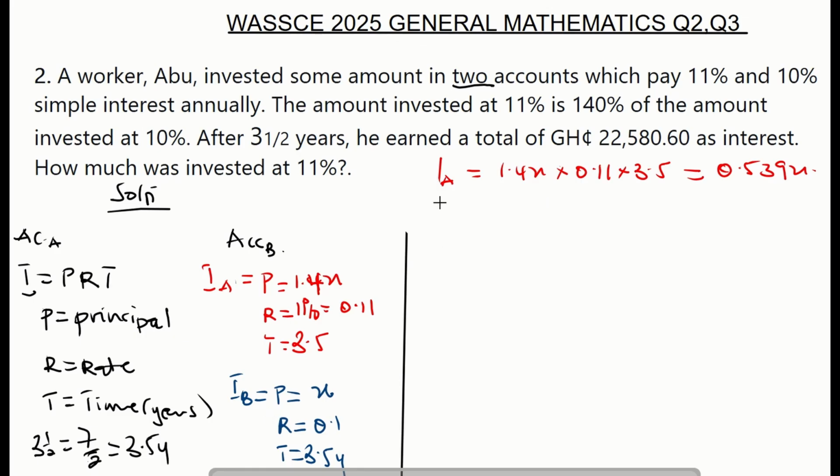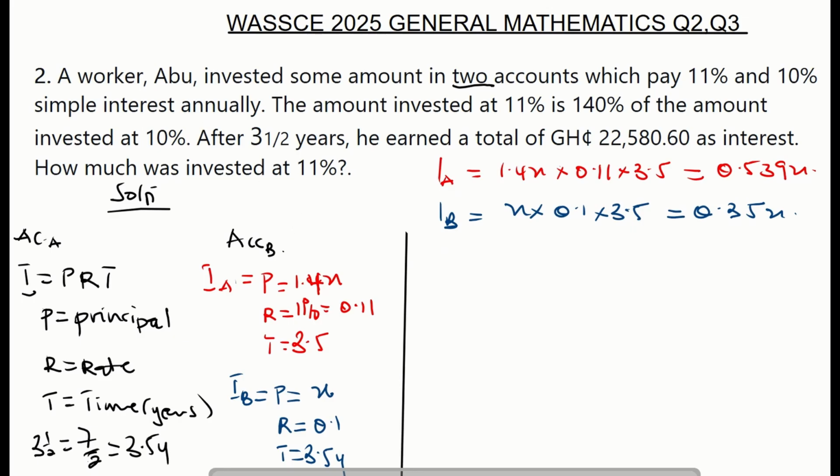Then let's look for that of account B. For my account B, this should be equal to my x times 0.1 times 3.5. And this is going to be equal to 0.35x. So since this is the interest for account A, and then the interest for account B, I can now find my total interest on both accounts.